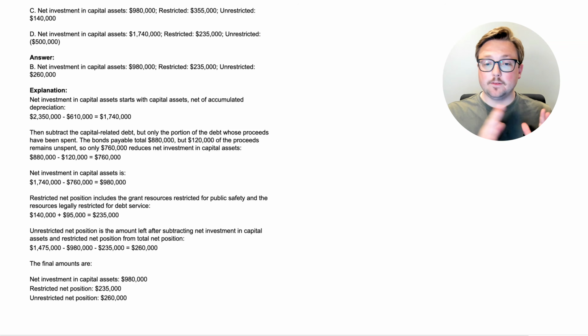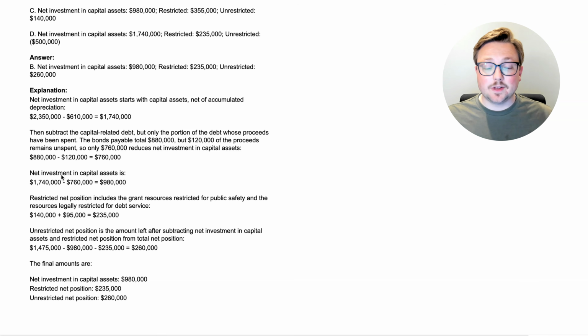So remember, even though they had $880,000 that they got for the purpose of building and buying capital assets, they only used $760,000 of it. And that's subtracting the $120,000 that remains unspent. So again, only $760,000 reduces net investment in capital assets. And here's the calculation, $880,000 less $120,000 equals $760,000.